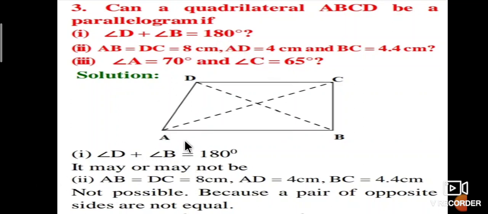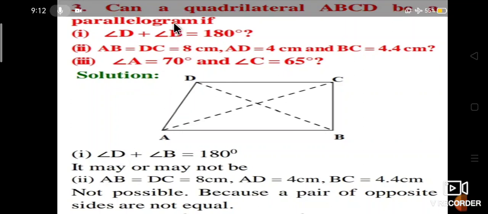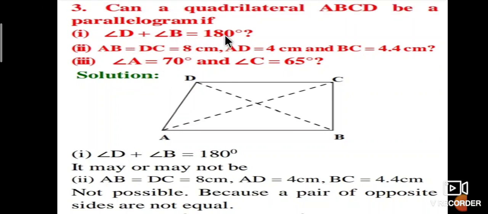Here we consider the solution. ABCD is a quadrilateral. Can it be a parallelogram if angle D plus angle B is equal to 180 degree? It may or may not be.